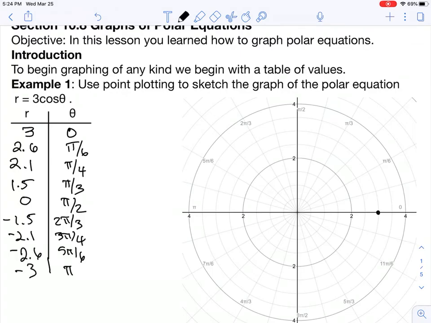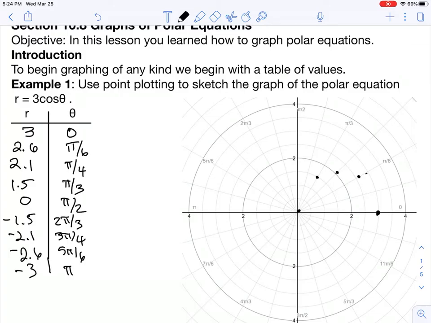So let's see. We have 0, 3, pi over 6, and then it goes to 2.6. So these are in halves, so 2.6 will be right around there. And then pi over 4 is 2.1, so just a little bit more than 2. And then pi over 3 is 1.5, so 1.5 is this third one. And then 0. And I think you can kind of see what it's making.